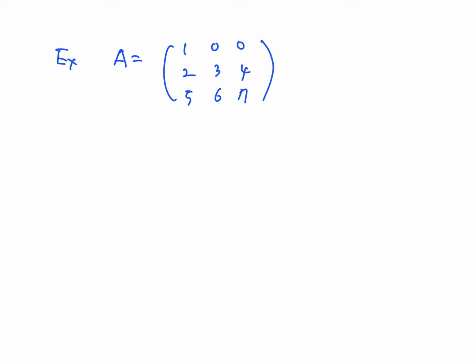In this case, you can use the cofactor method, because you can just put A11, C11 and delete the first row and first column, and this is the determinant, right?